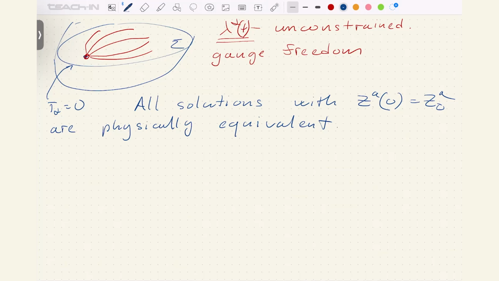In this case, of course, we need to speak about solutions satisfying certain initial data. Strictly speaking, we can also allow for slightly different initial data, which are also going to be physically equivalent. This corresponds to a gauge transformation of our initial data. So let's study this in some more detail.